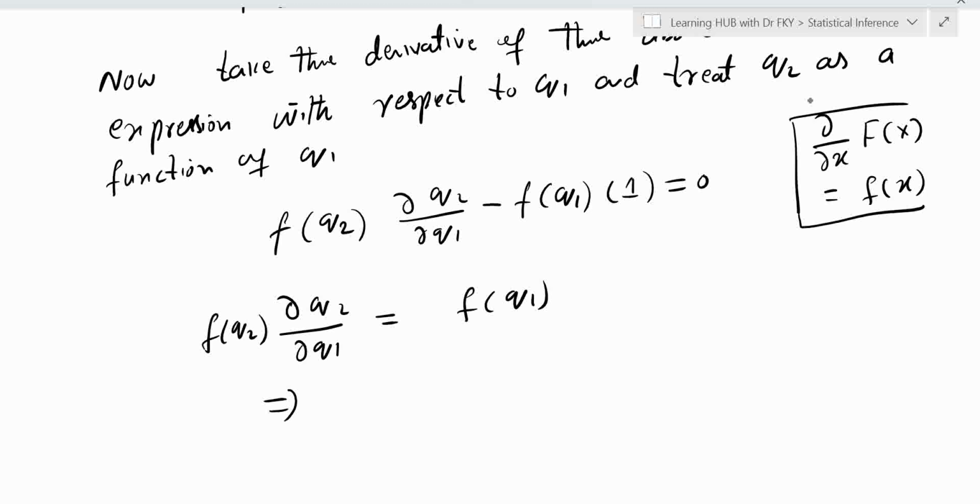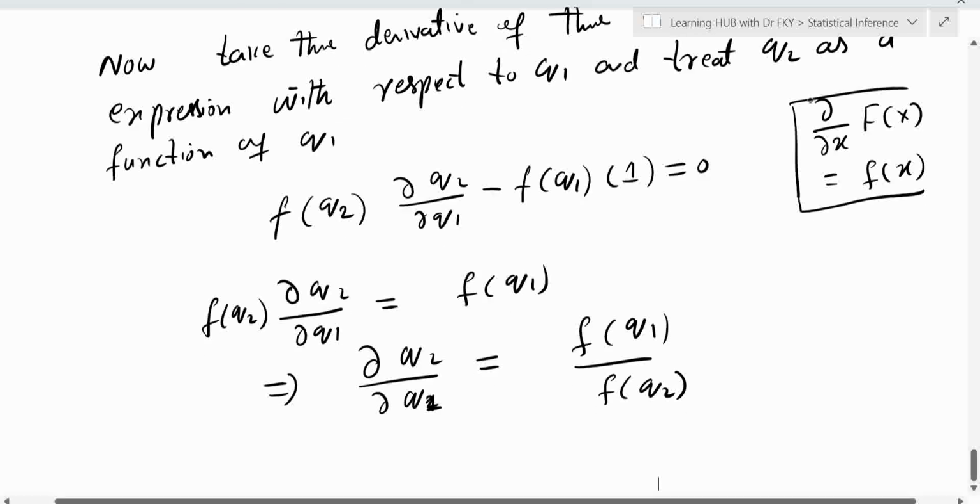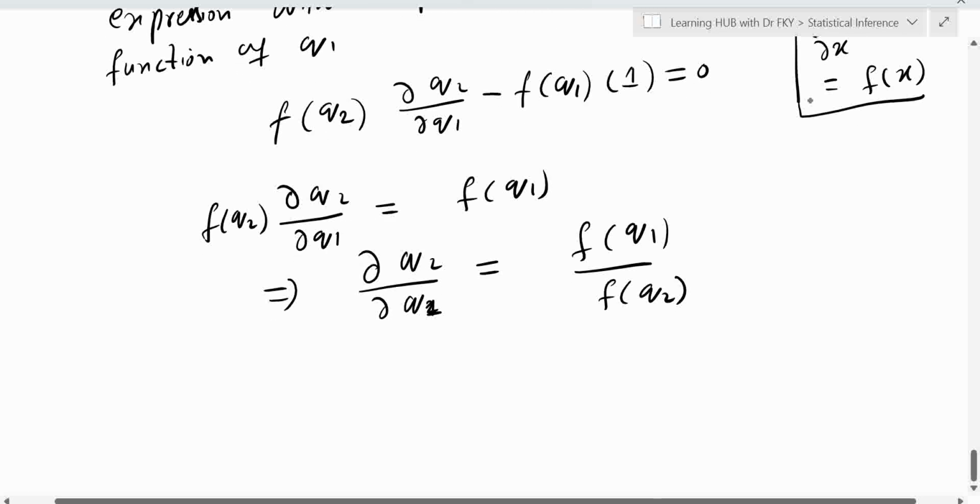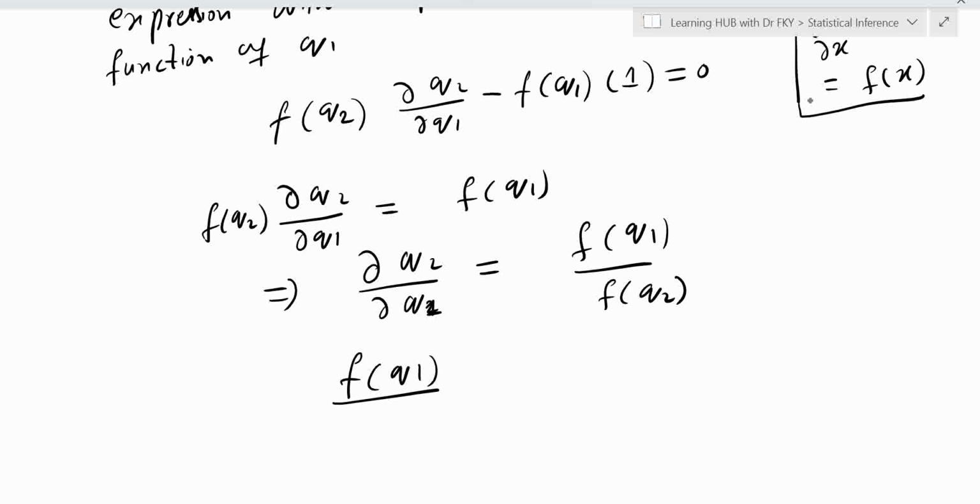This means that partial derivative of Q2 with respect to Q1 is equal to f of Q1 divided by f of Q2. Now you remember from equation 1 that this quantity is equal to 1.